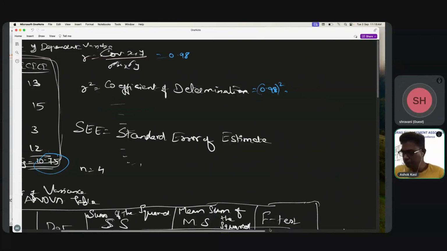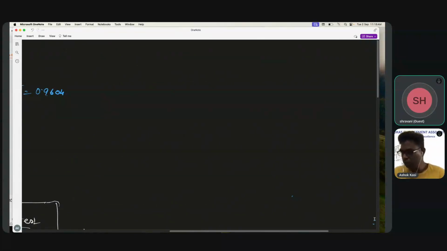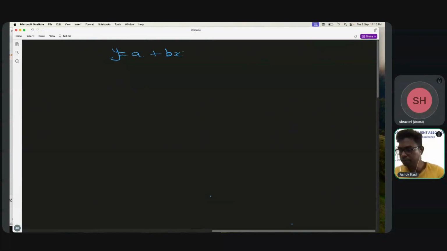Now coming to the regression. The equation of a line is y equals a plus bx.